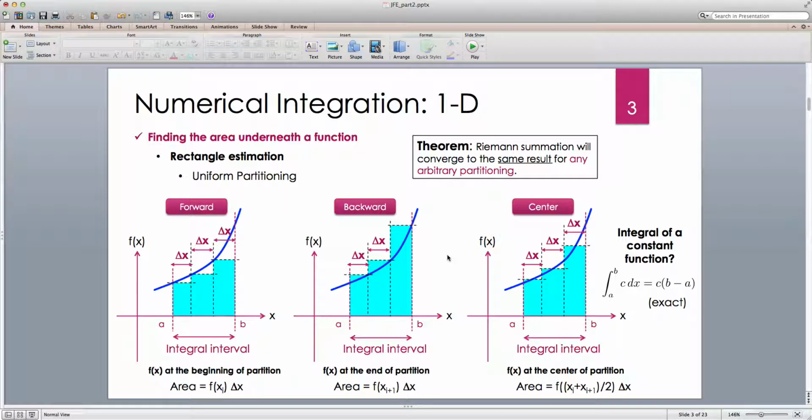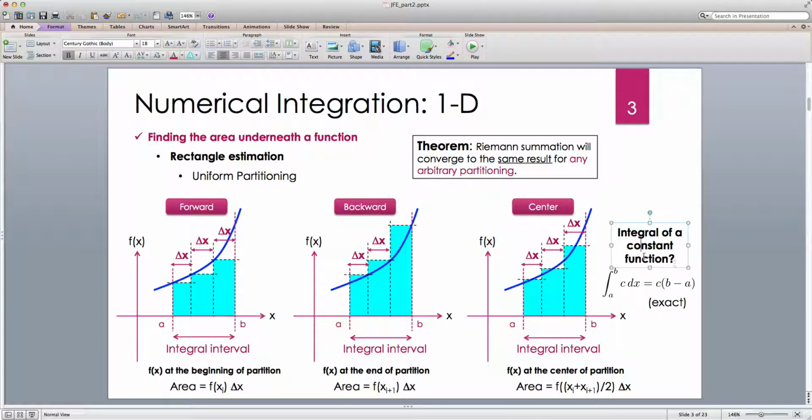If the function is Riemann integrable, the value of the series should always converge to the same number for any arbitrary partitioning, any arbitrary value for the function, or for any point inside the subinterval, okay?